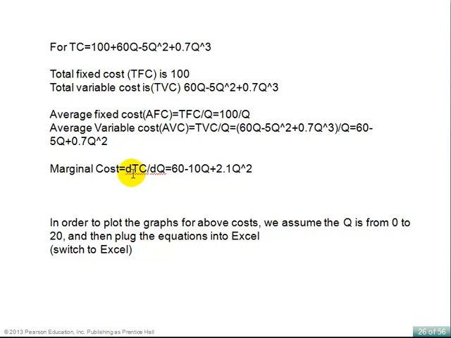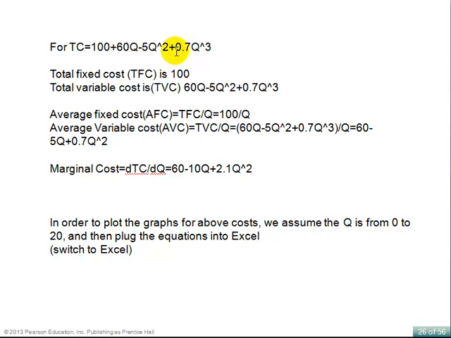Marginal cost is dTC over dQ. The derivative of 100 is 0. The derivative of 60Q is 60. The derivative of 5Q squared is 5 times 2 times Q, so it's 10Q.